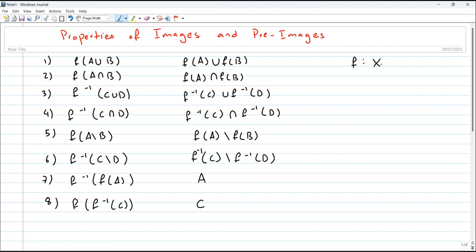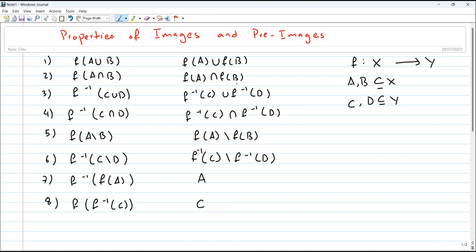We had a function f that goes from X to Y, and A and B were subsets of X, and C and D were subsets of Y. Where f of A means the image of A under f, and f inverse of C means the pre-image of C under f.